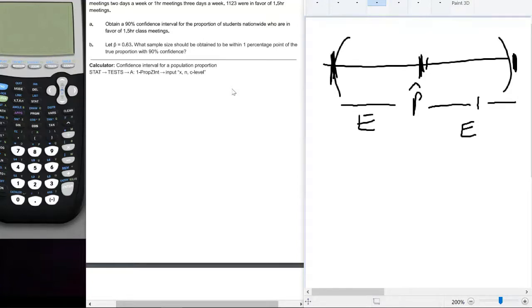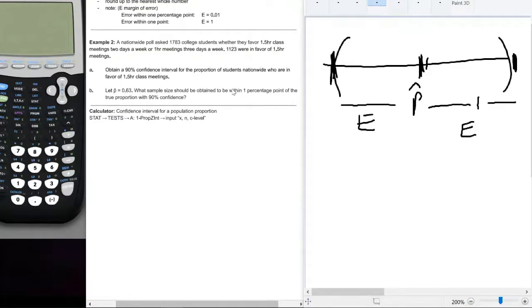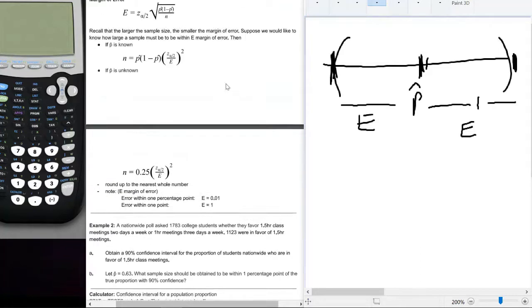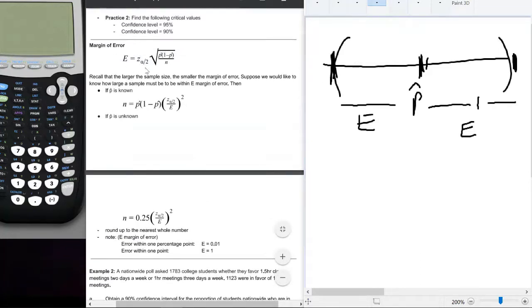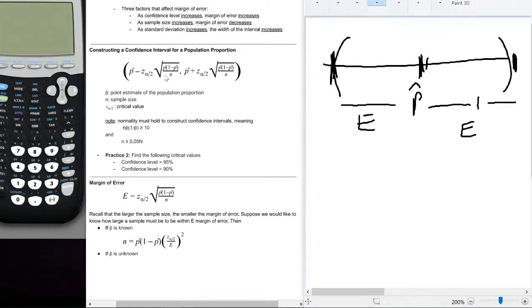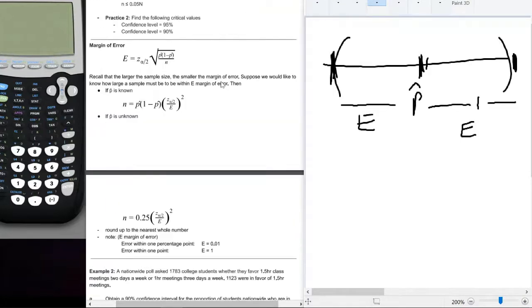In order for us to obtain some sample size, we have a formula. This E, if you notice, the z alpha over 2 square root, we give the notation E. And this is going to be the latter part of the confidence interval formula, this piece right here. This is E: p hat minus E, and then p hat plus E. We give it a shorthand notation, and that's the error that gets us to the bounds.